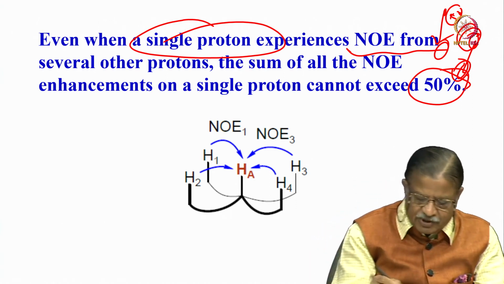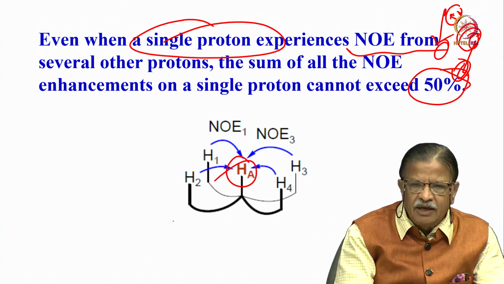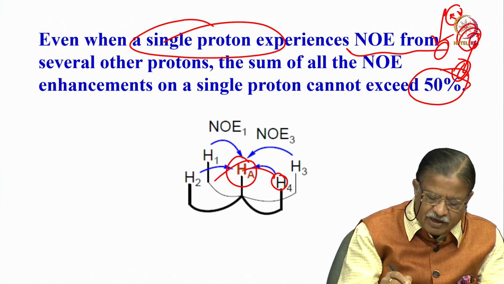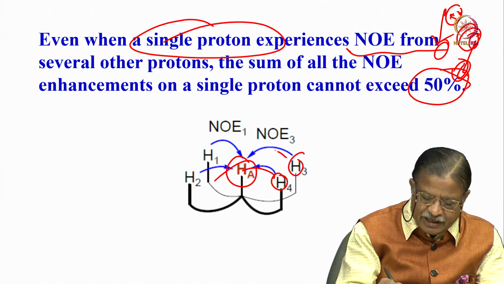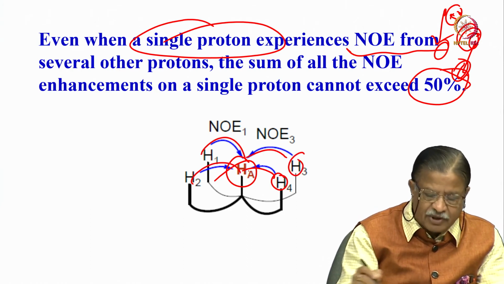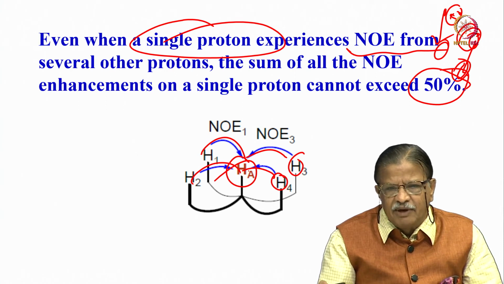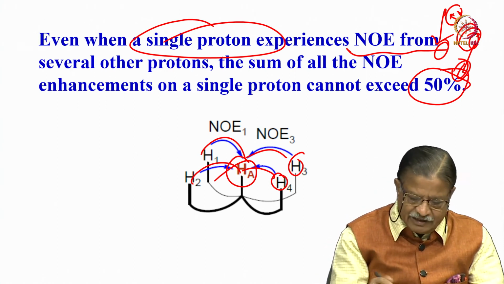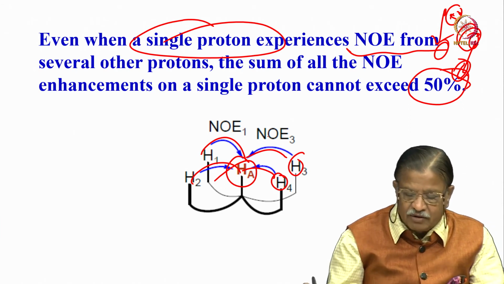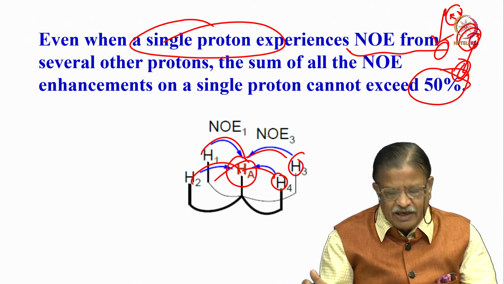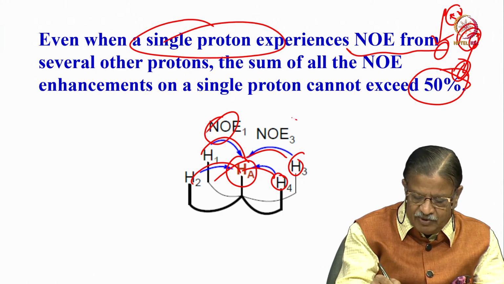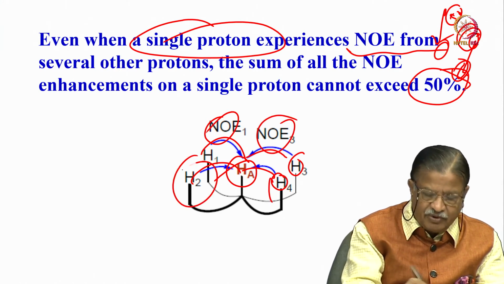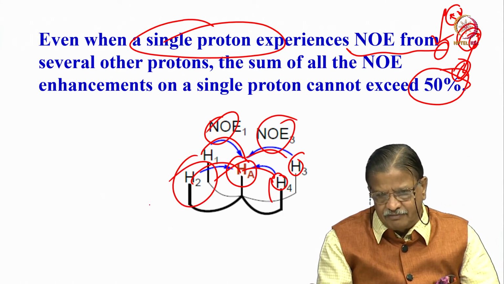Take for example a situation like this. I am looking at the proton A. This proton 4 can give NOE to it, proton 3 can give, proton 1 can give, proton 2 can give, simultaneously. In which case I will call them, let us say, NOE 1, 2, 3 and 4. This proton 1 gives NOE 1, this is 3, this is NOE 4, this is NOE 2. All are possible, let us say.